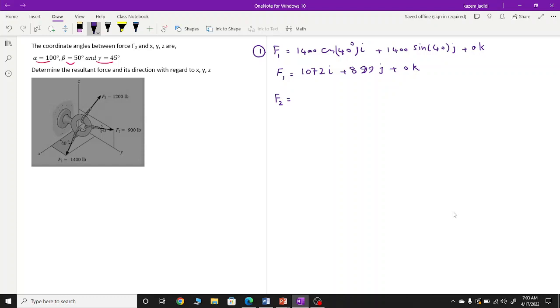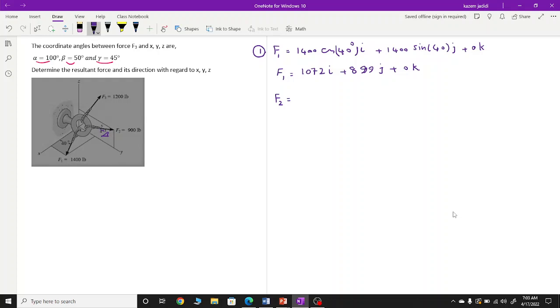Then the same step for the second force that we have, F2. For F2, you can see that the force is in a triangle parallel with xy, and F2 itself is given.